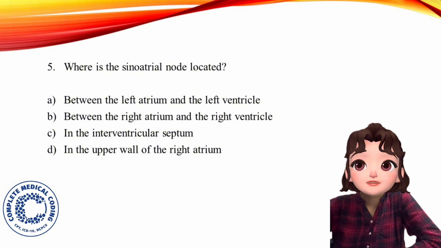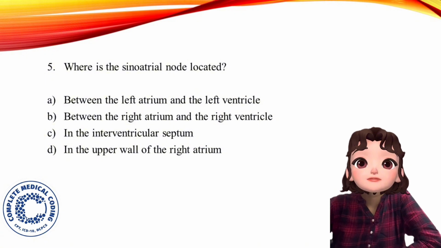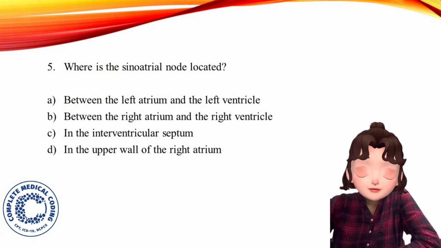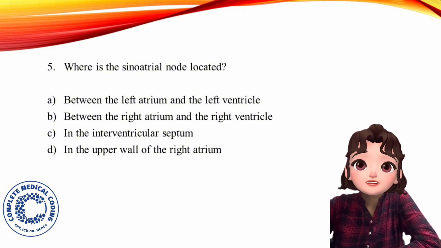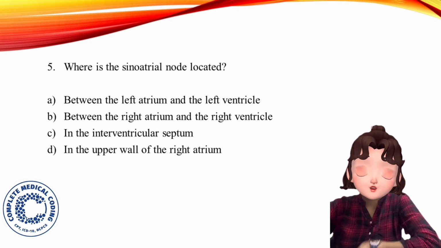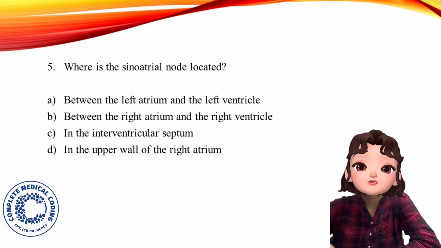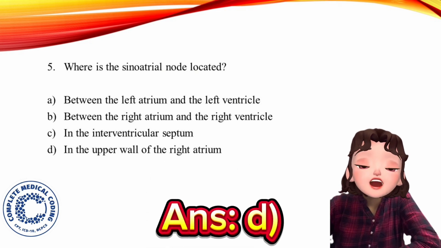Between the left atrium and the left ventricle, between the right atrium and the right ventricle, in the interventricular septum, in the upper wall of the right atrium. So where is the sinoatrial node located? It is located in the upper wall of the right atrium. Answer is option D.